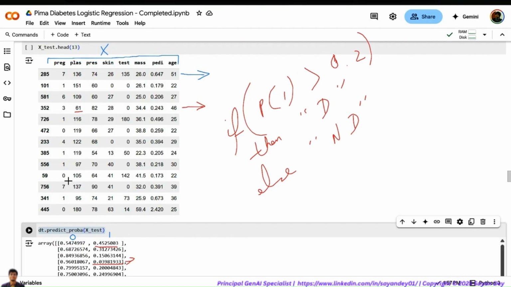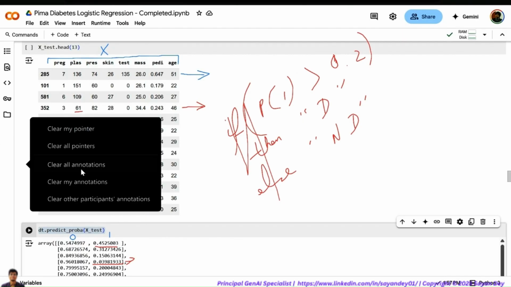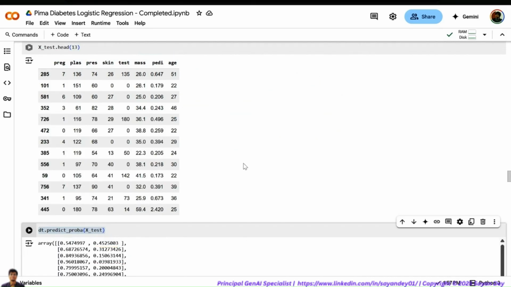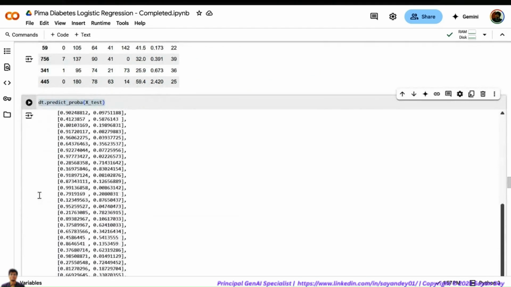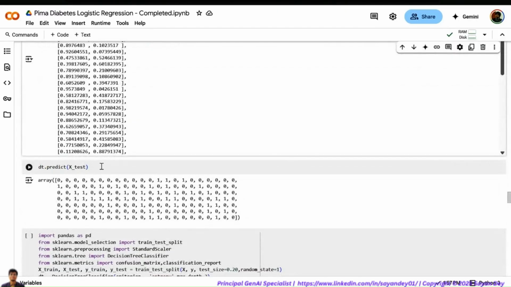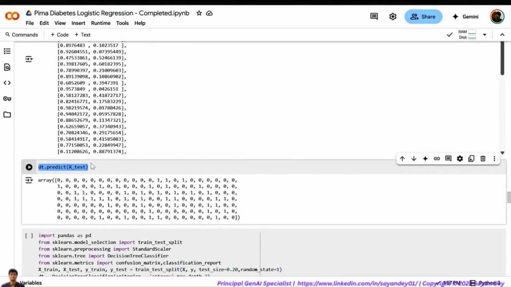So how does it really happen in Scikit-learn behind the scenes? Because obviously our focus is Scikit-learn and we are using that library. In Scikit-learn, there is a default predict function. This will work based on the 50% threshold. So you can write your own custom thresholds, which is what we do in practice.